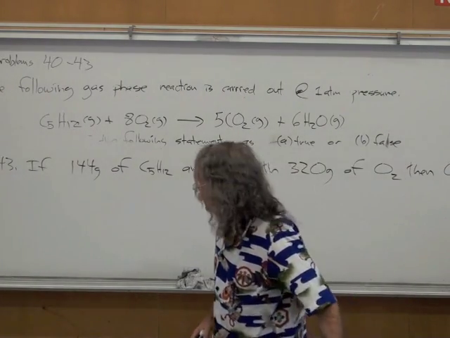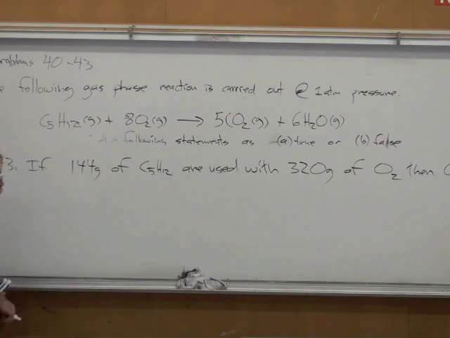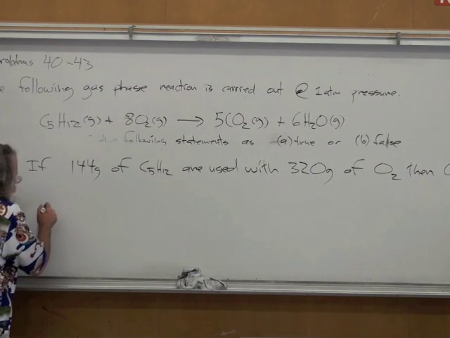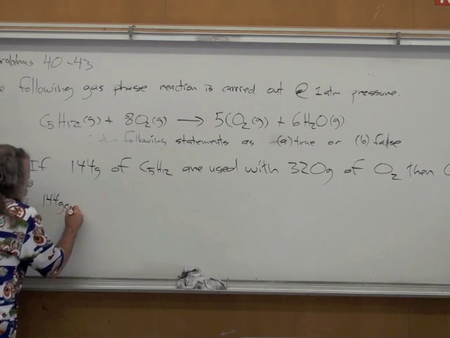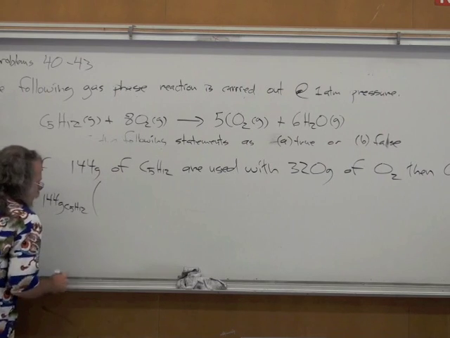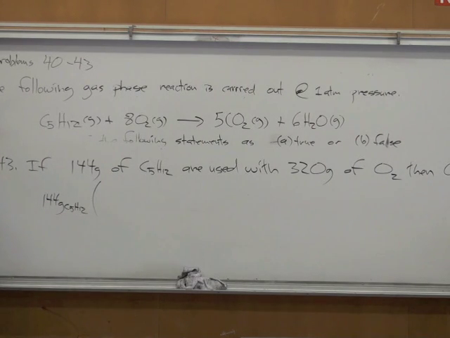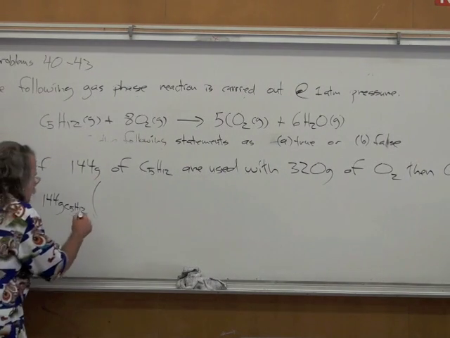This is, again, straight up. So what I'll do is, I'll start with 144 grams on the left-hand side. And now, what do I need to go from grams of pentane to what? Moles of pentane.